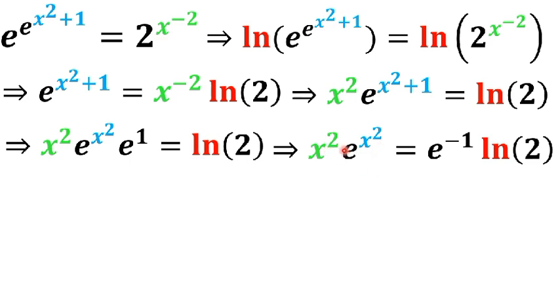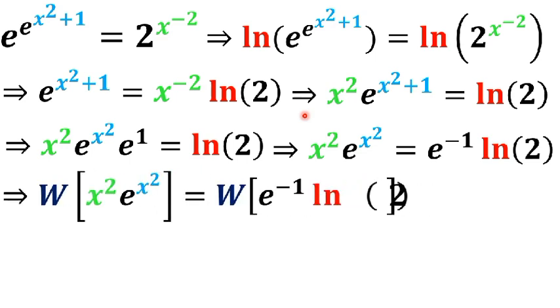Since we have x squared e raised to the power x squared here, this is a good hint for us to use the Lambert W function. So if we take the Lambert W on both sides, we have W of x squared e raised to the power x squared equal to W of e raised to the power negative 1 ln 2.